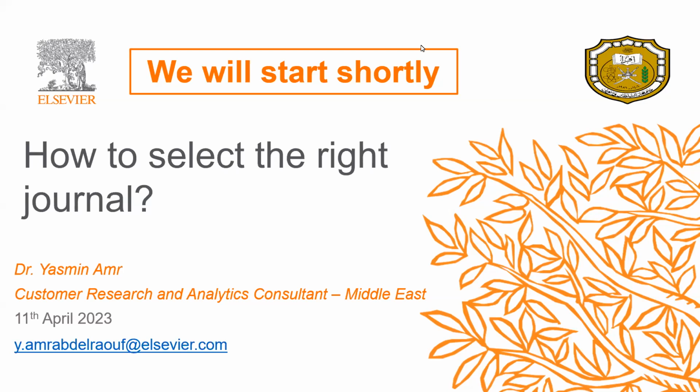So the last session, if you can remember, we talked about the author workshop and the common problems that most authors face while submitting their manuscript, and how we can avoid and overcome these problems to have a successful publication for your manuscript.